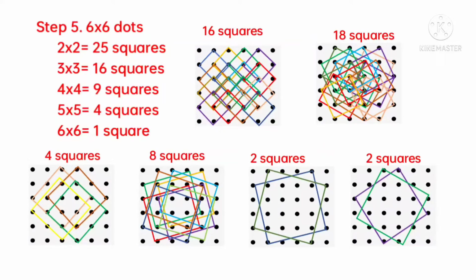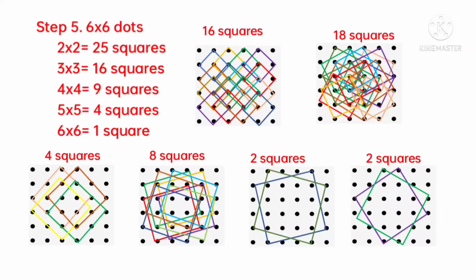Yan lahat. At itong mga nabuo natin na square na parang rhombus or diamond siya is may 6. Hindi pa natin alam kung ano nga ba yung size ng mga to.